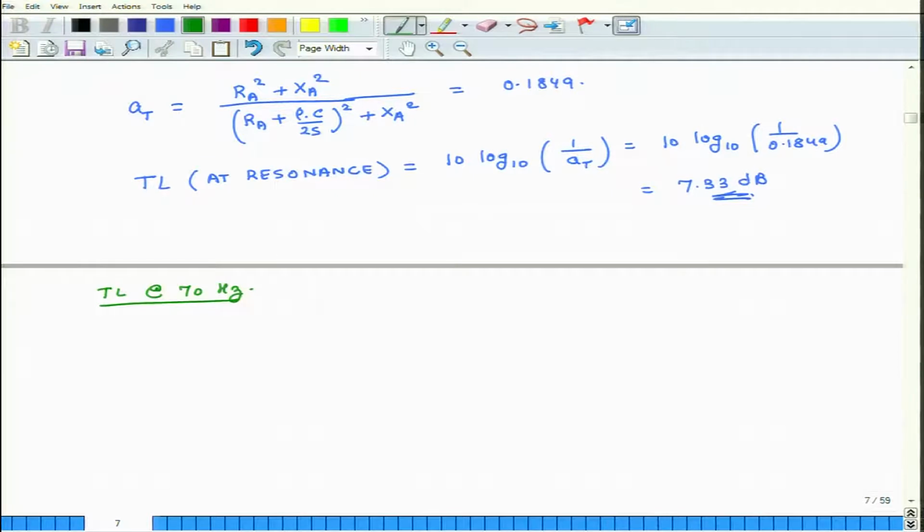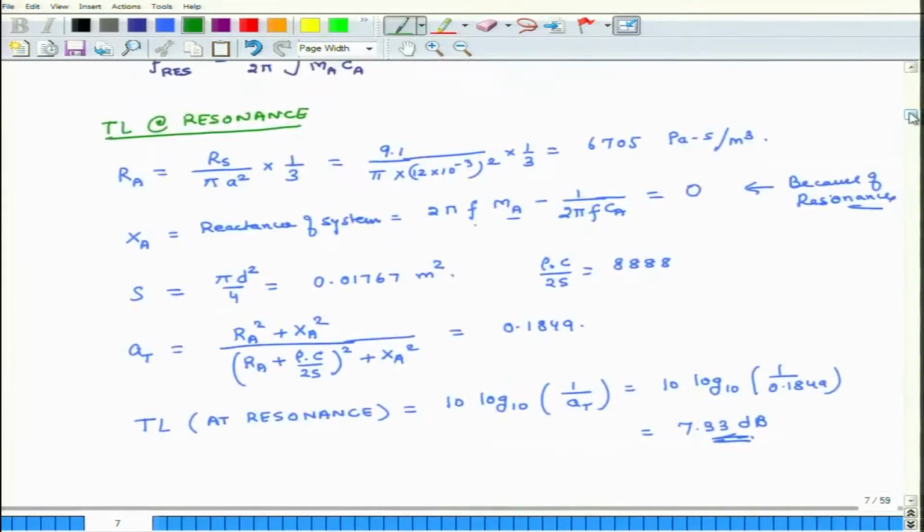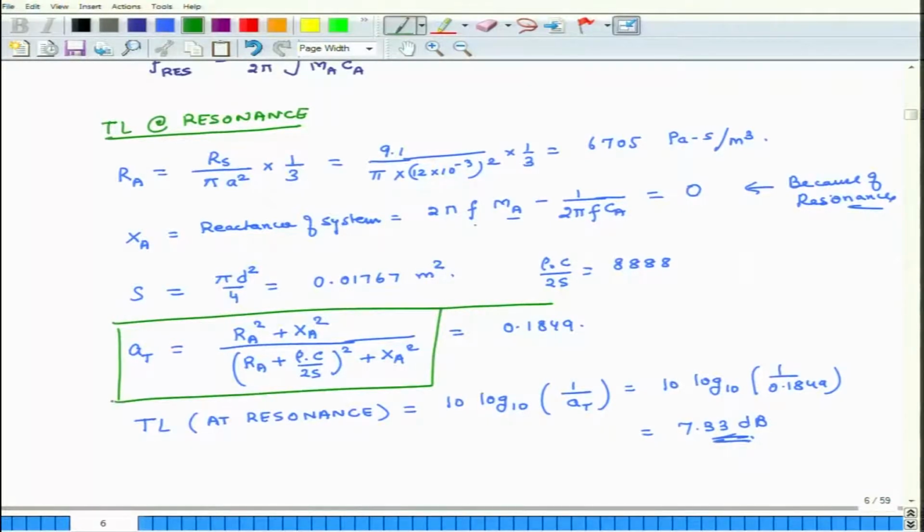Okay. So, again for transmission loss we will be using this relation. Now, in this relation RA does not change with the frequency, neither does rho naught c divided by 2S change with frequency. However, what does change is XA, because it is dependent on frequency.